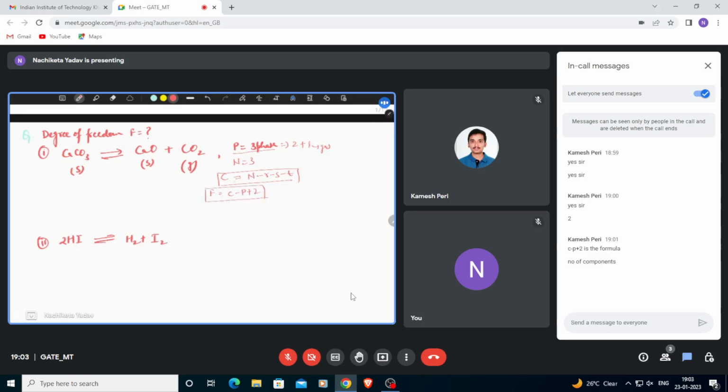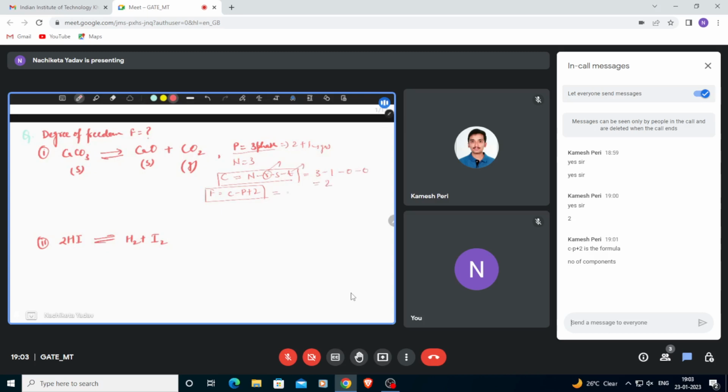So for C, the number of species is 3, minus R, the number of independent reactions. Since it is at equilibrium, the number of independent reactions will be 1. S is a stoichiometric constraint and T is a special constraint, so minus 0 minus 0. So 3 minus 1 is 2.